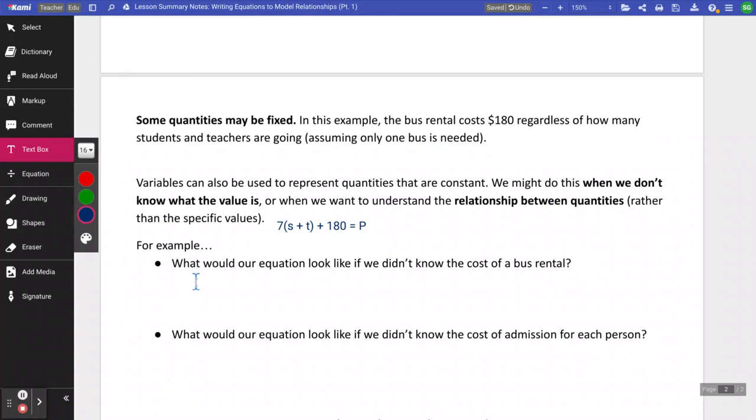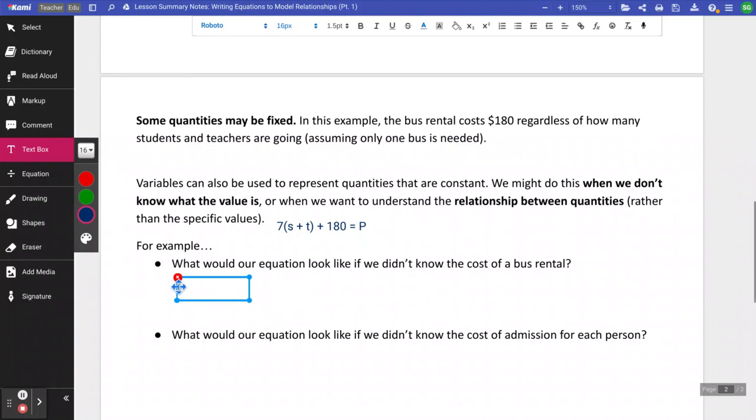For the first one, my equation would look really similar to this, even if I didn't know what the cost of the bus rental is. I do know that it's costing $7 per person, so I would still have 7 times the number of students and the number of teachers together. The difference here is if I don't know what the cost of the bus rental is, I wouldn't have 180 in my equation.